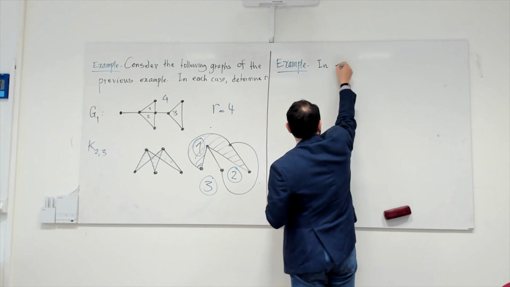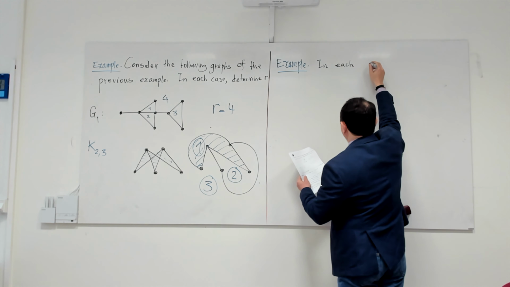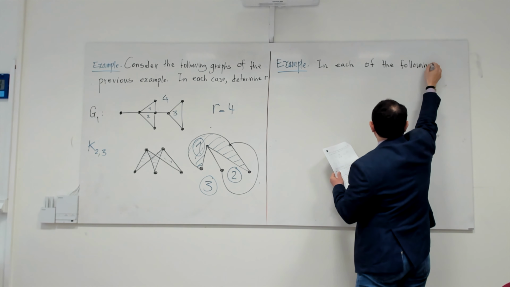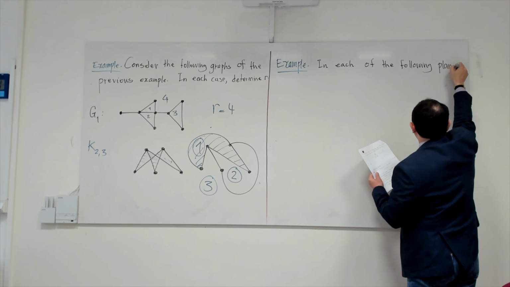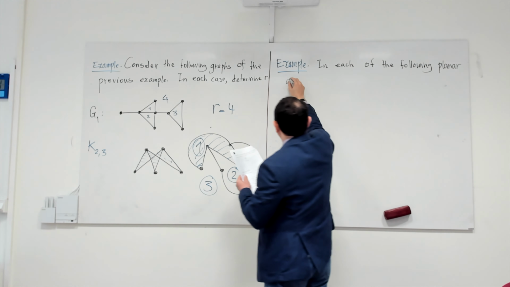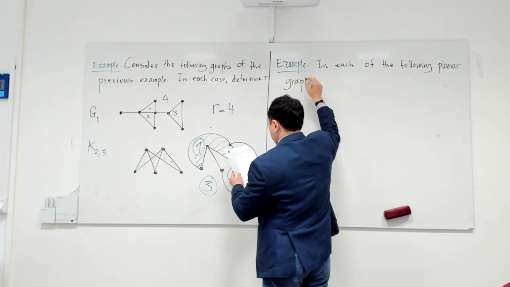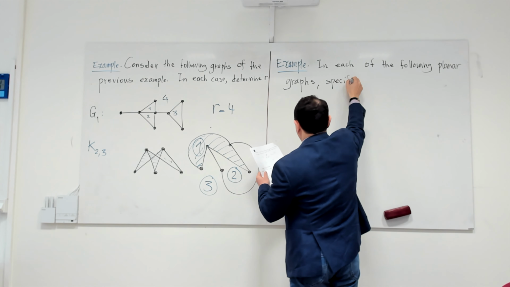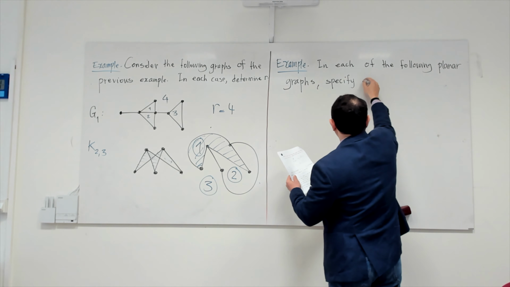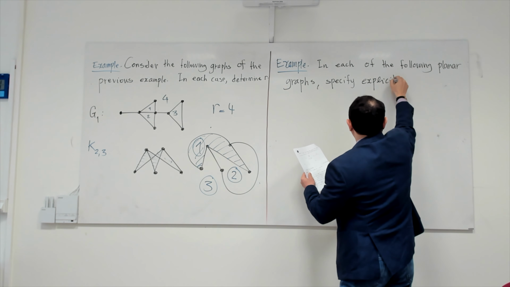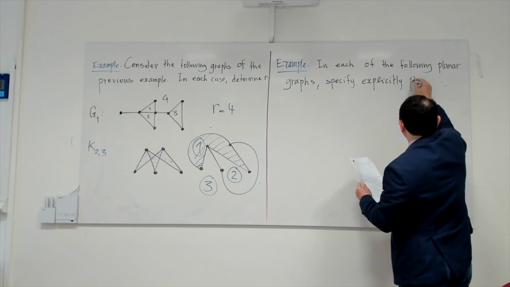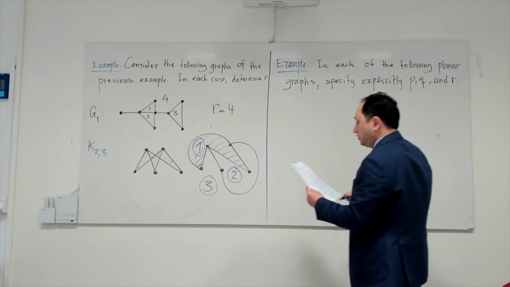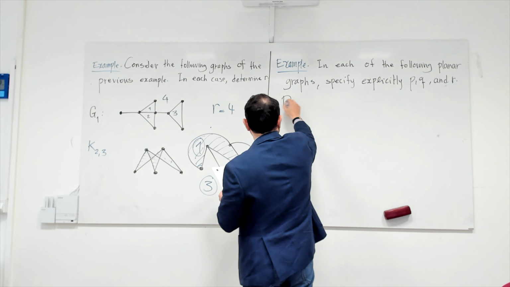In each of the following planar graphs, specify explicitly P, Q, and R. Do you see a pattern between these numbers?